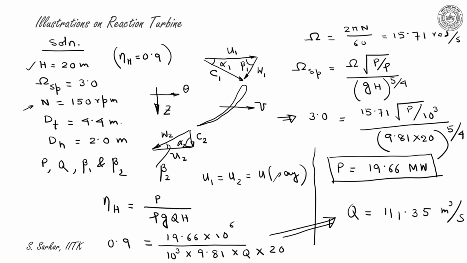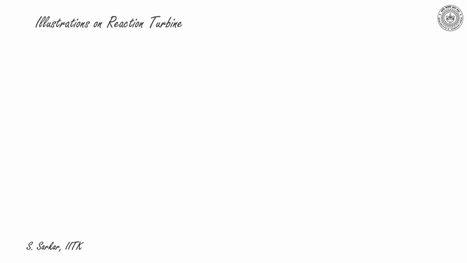Thus one can evaluate from here mean diameter dm is equal to dt plus dh divided by 2. If you do this, you will get 3.2 meter.